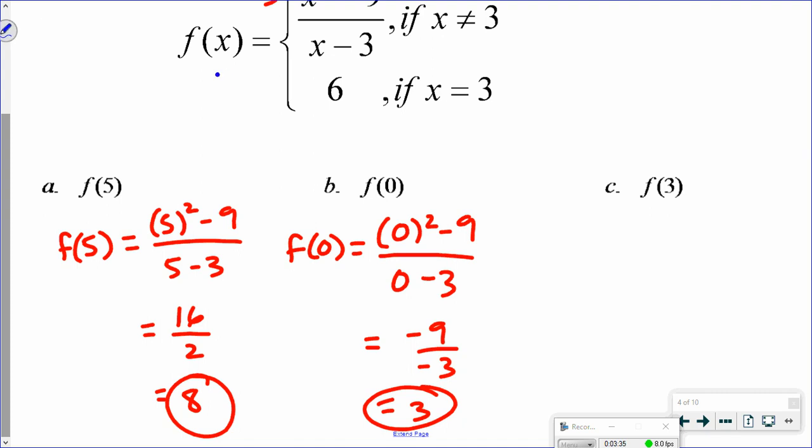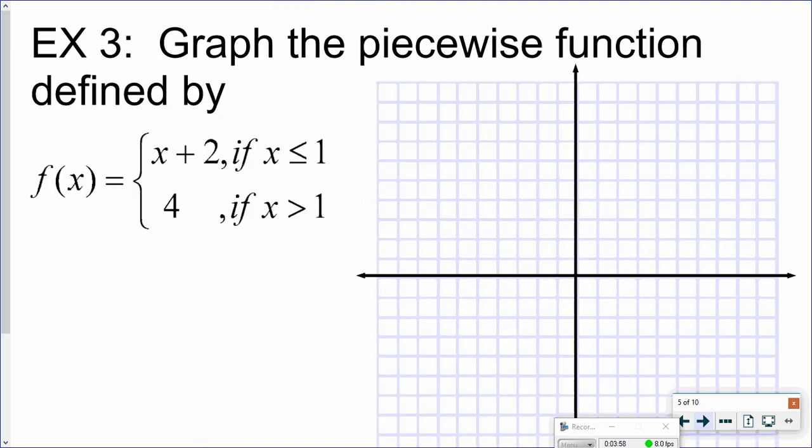Or in other words, y is 6. So if x is 3, and y is 6. Okay, so evaluating is not too difficult. Use your domain values here to know which function to plug it into. All right, let's look at graph.